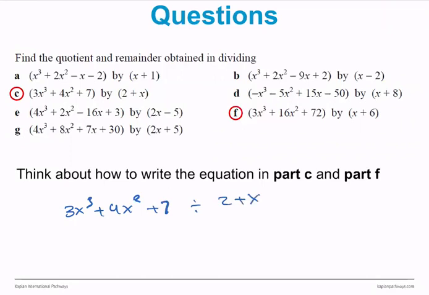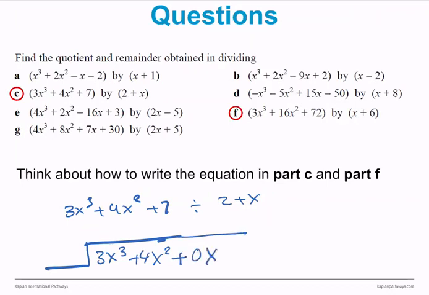When you do this, because they jumped from x cubed plus x squared to the plus 7, they missed the x. So you need to write it down as 3x cubed plus 4x squared plus 0x. Yeah, you put the x, just keep a place for it, because when you multiply, you will need it. Plus the 7, and then you divide by x plus 2, right?